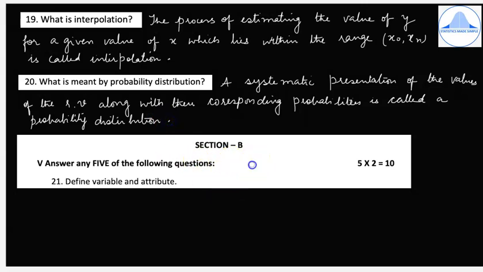Section B. Fifth main, answer any 5 of the following questions. 5 into 2 is equal to 10. 21st question, define variable and attribute. So a variable is a quantitative characteristic which varies from unit to unit.